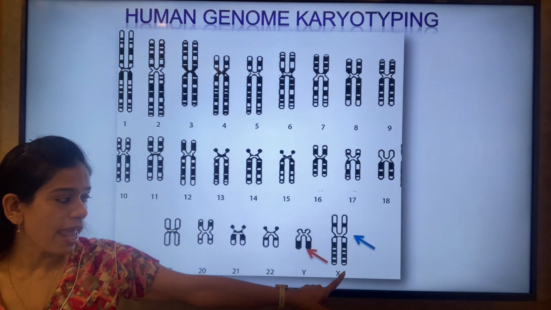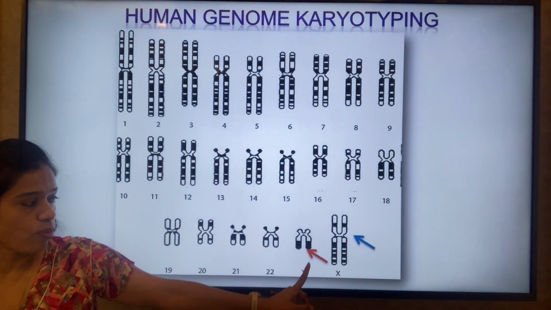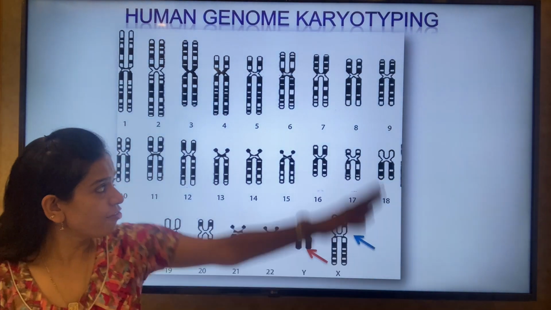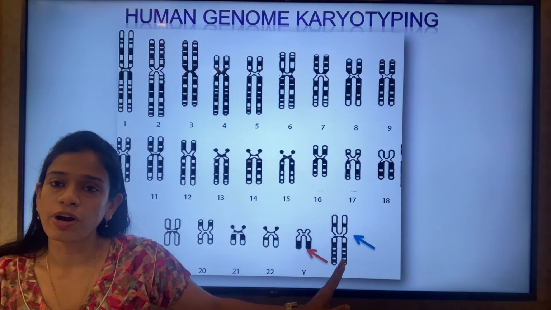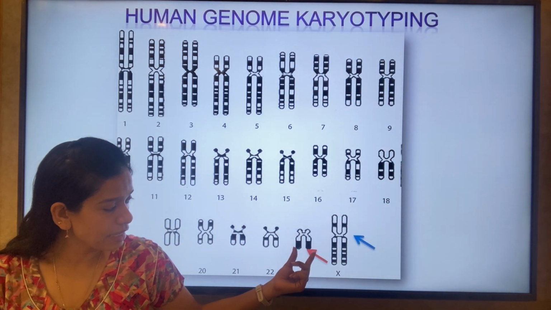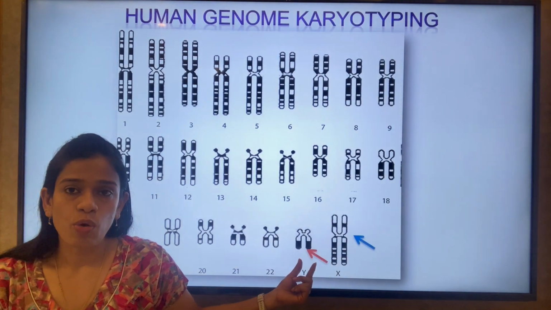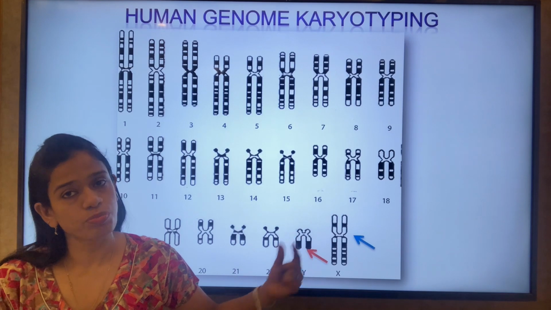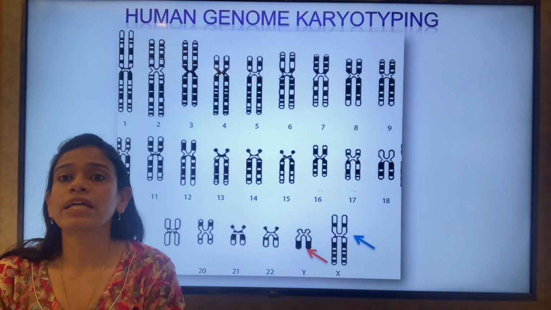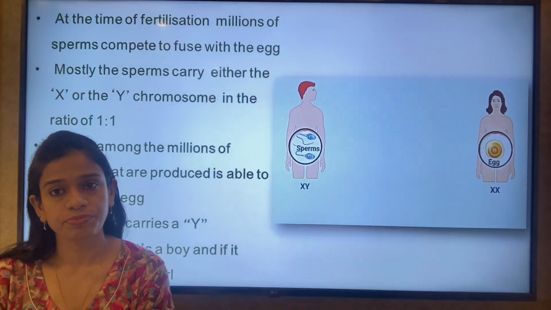XX is the sex chromosome pair for females, and XY is the sex chromosome pair for males. So everything remains the same for a male and a female. Only the Y chromosome is replaced by another X in a female, whereas in a male a Y chromosome comes. This is the only difference that brings about the change in the sex of human beings.